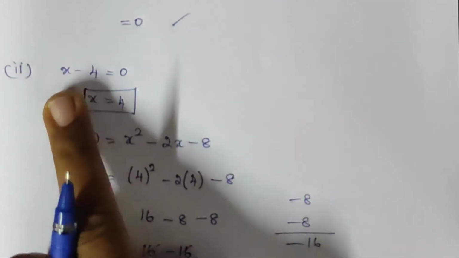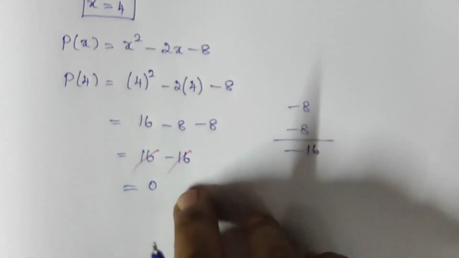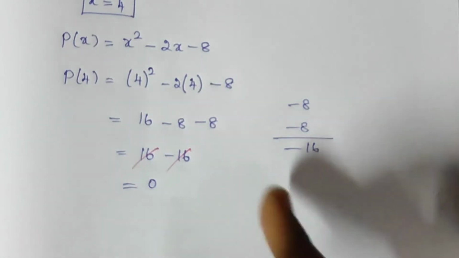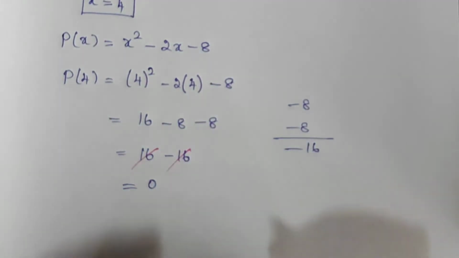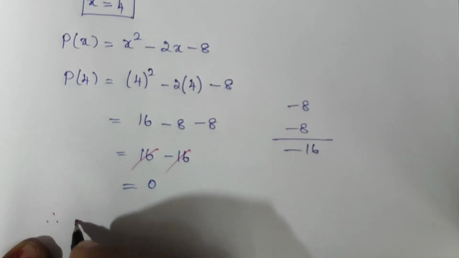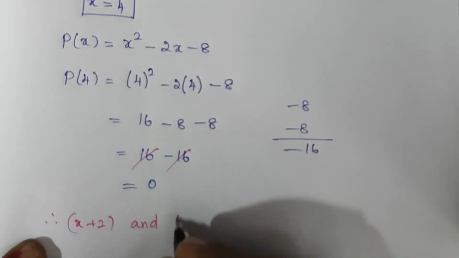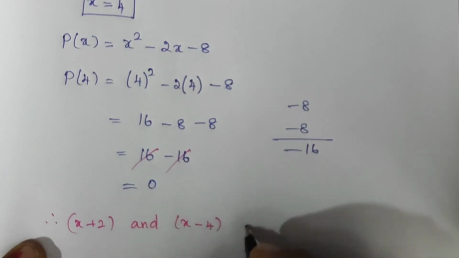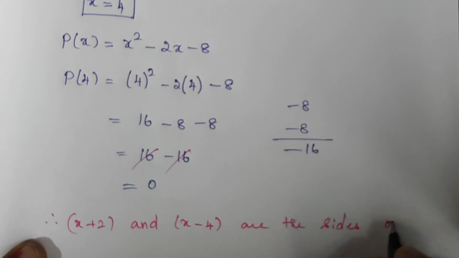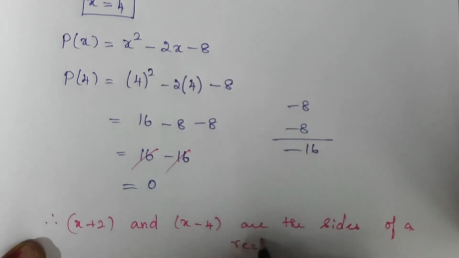For the second factor x minus 4, for that also we are getting 0. Therefore, we can say that x plus 2 and x minus 4 are the sides of the rectangle.